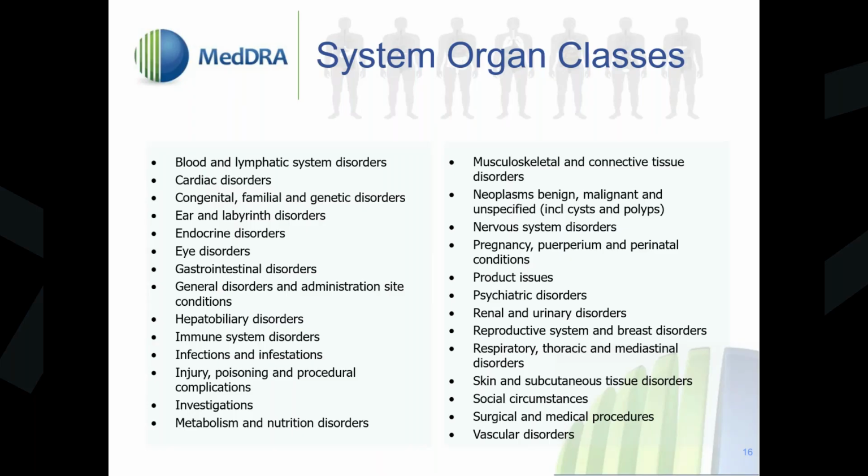When you take your first look at your data after it's been coded to MedDRA, most people start at the system organ class. So imagine you have your list of 27 system organ classes, you have it on your data on patients newly exposed to your product, and you're looking at the AE summary list, and you see percentages of adverse events presented next to each of these system organ classes.